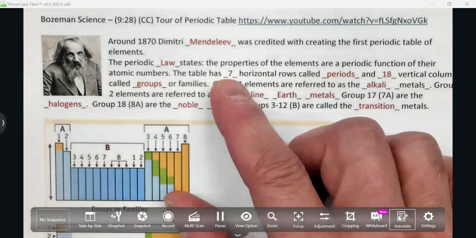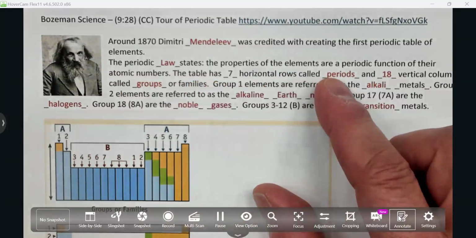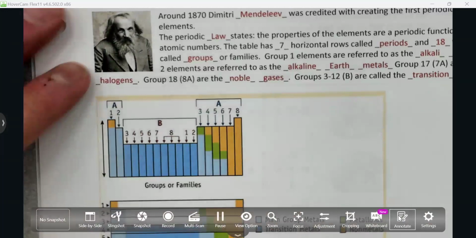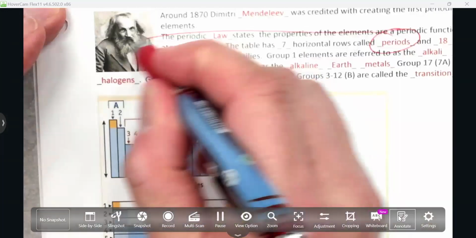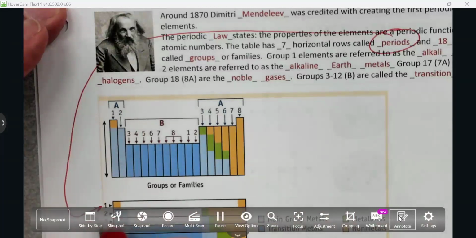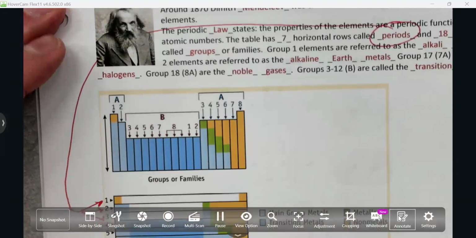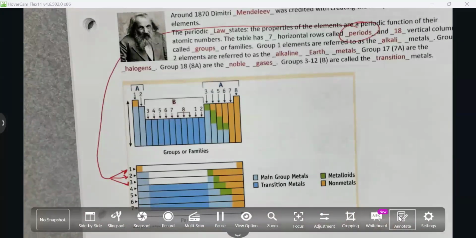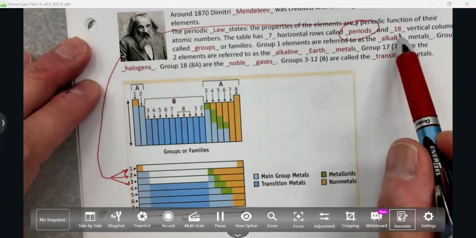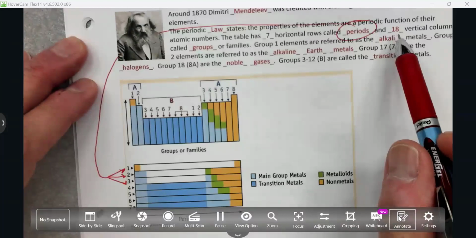The table has 7 horizontal rows called periods. And 18 vertical columns.